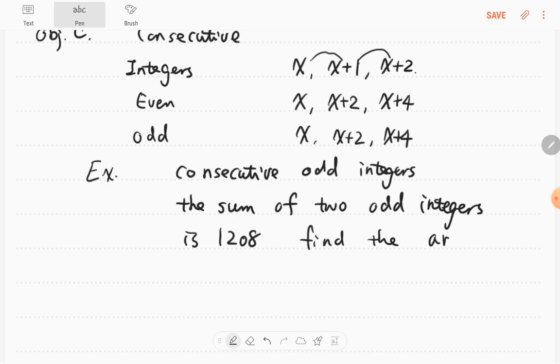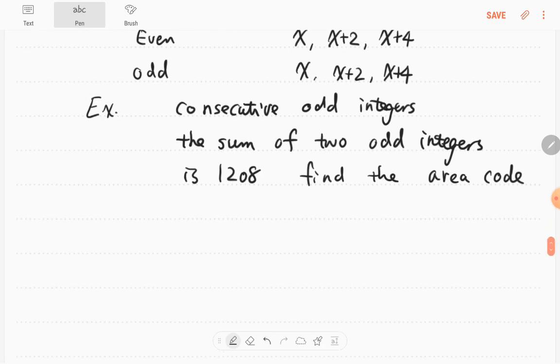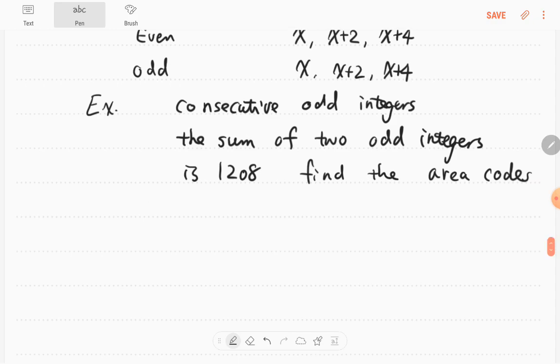Here, area code means 2 consecutive odd integers, right? So this time, we want to set the smaller area code, the smaller one, to be x. So the first area code, or the smaller odd number, is x.